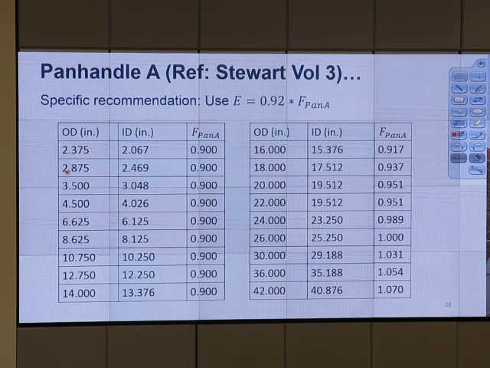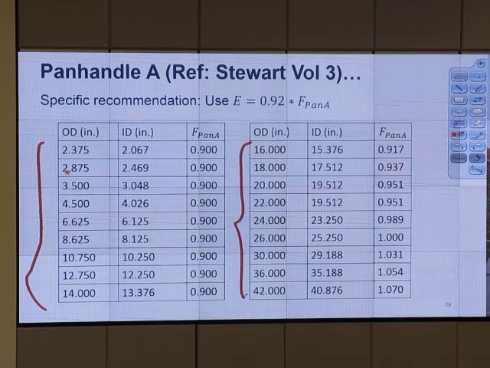This OD and ID is commercial pipe size. The recommendation is E is 0.92 multiplied by another correction factor, F sub Pan A. The correction factor comes from a table. Your pipe size will be just one of these, because not every pipe size is available.